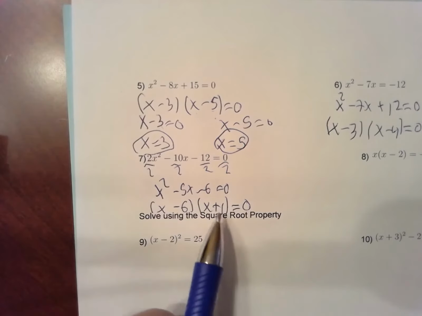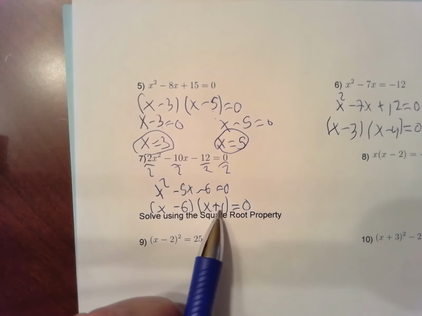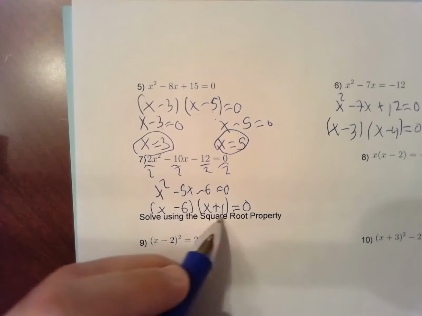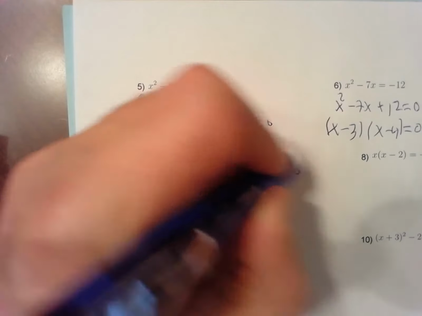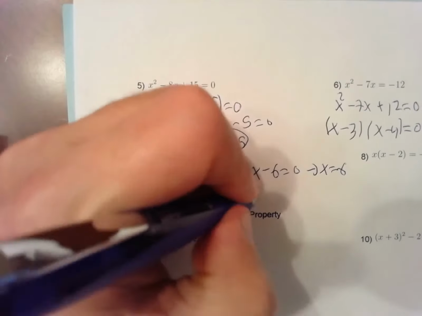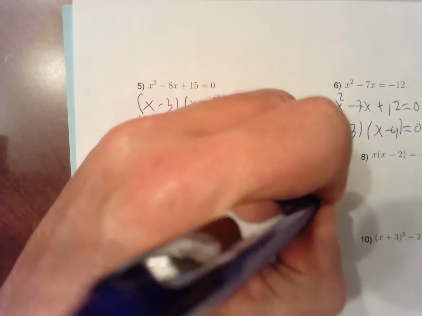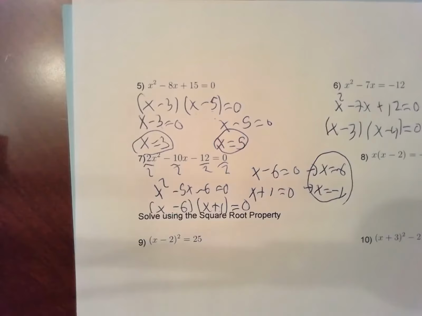We could check that. Negative 6 times positive 1 is negative 6. Negative 6 plus 1 is negative 5. We get two factors. We set them both equal to 0. x minus 6 equals 0 gives us x equals 6. x plus 1 equals 0 gives us x is negative 1. Positive 6 and negative 1.